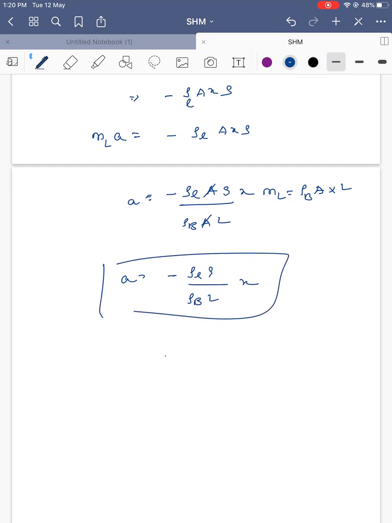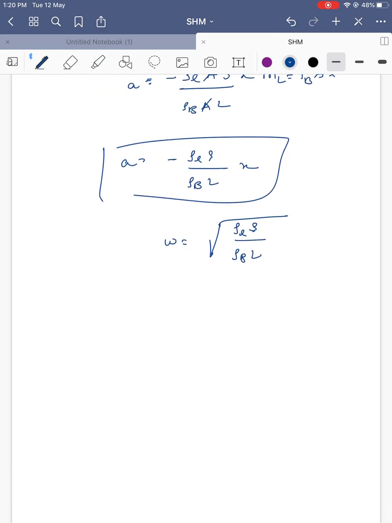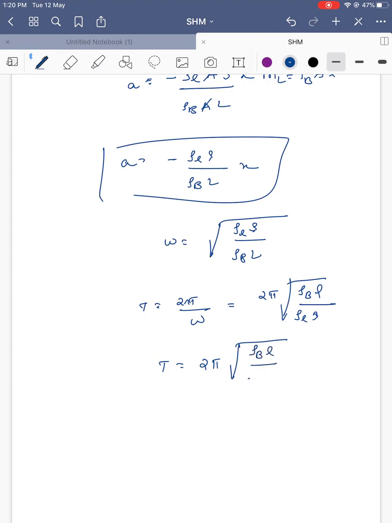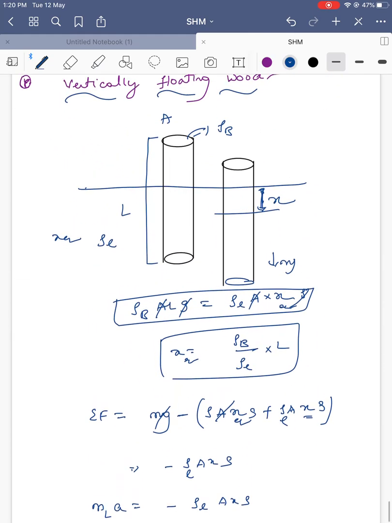So omega is equal to square root of rho L G by rho B L. Time period is equal to 2 pi by omega, so T is equal to 2 pi into square root of rho B L by rho L G. So this is the time period for this case, log vertically floating.